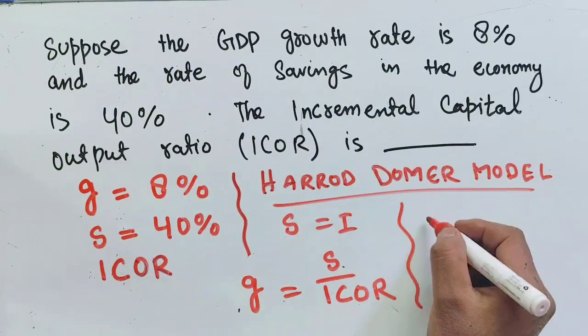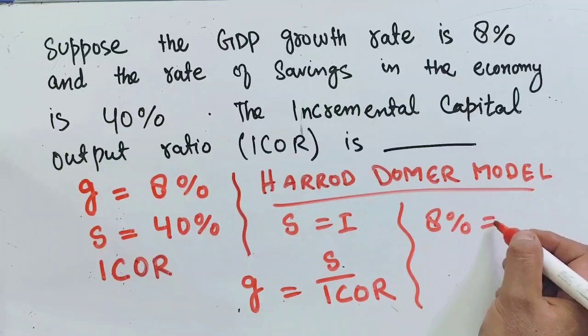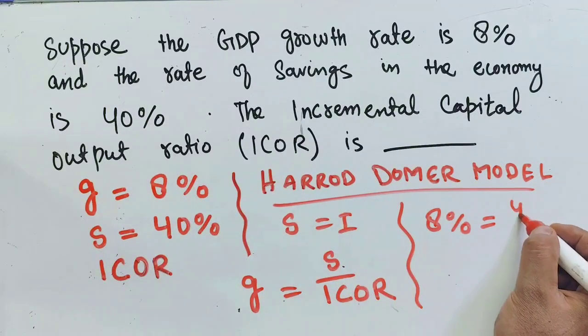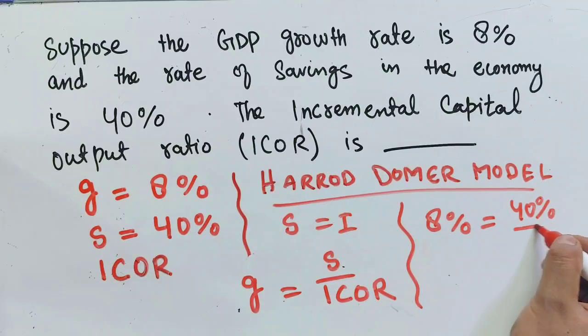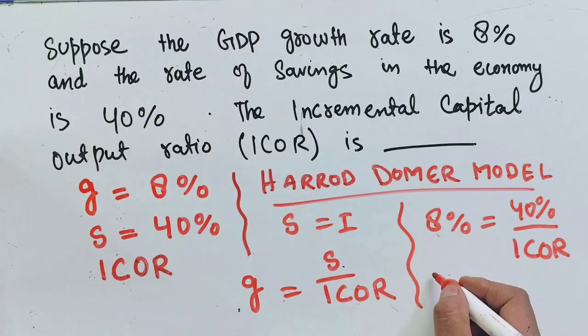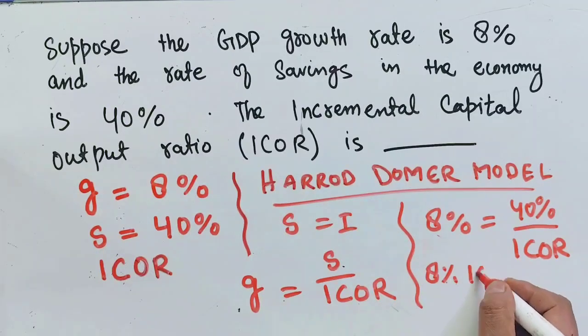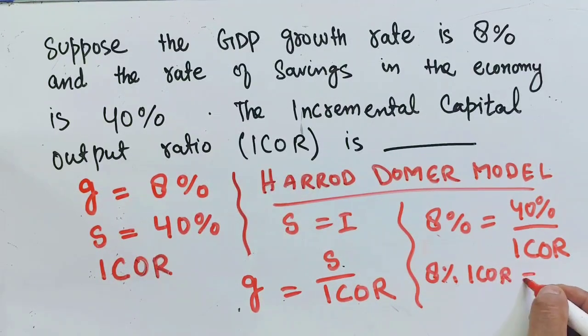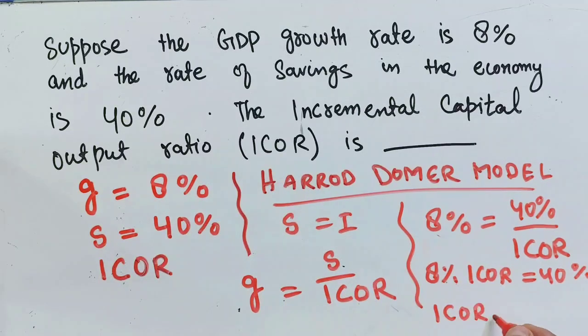Growth rate is 8%, savings rate is given as 40%, and we need to find the incremental capital output ratio. Multiplying, we get 8% times ICOR is equal to 40%, which gives ICOR equal to 40% divided by 8%.